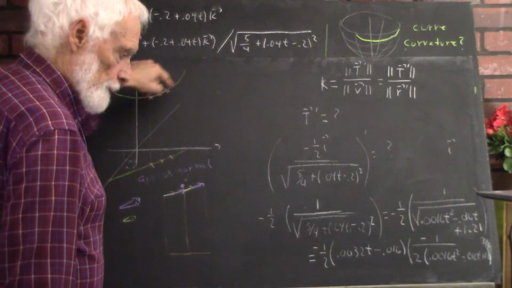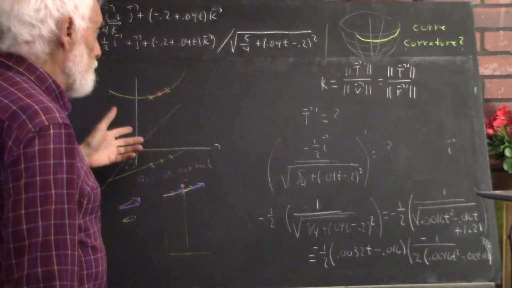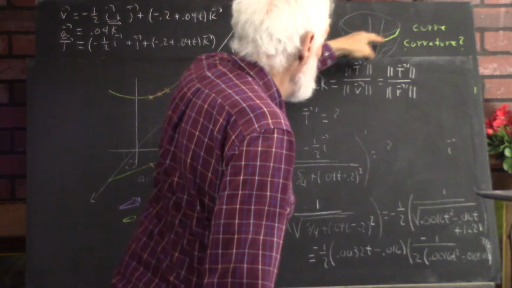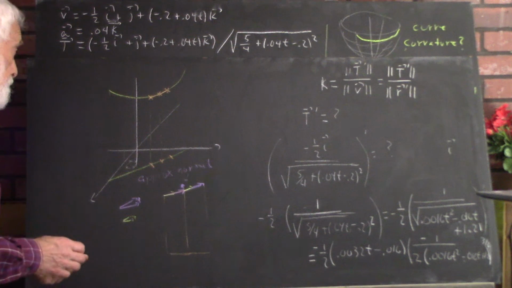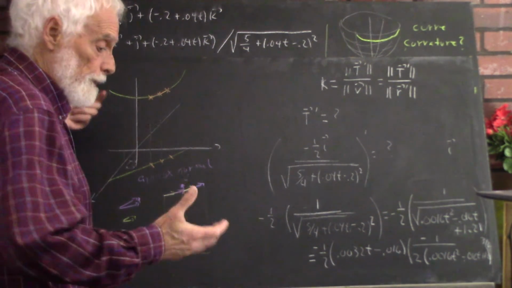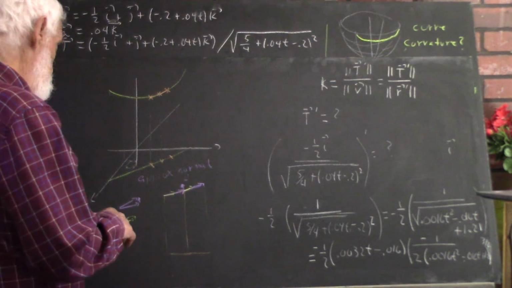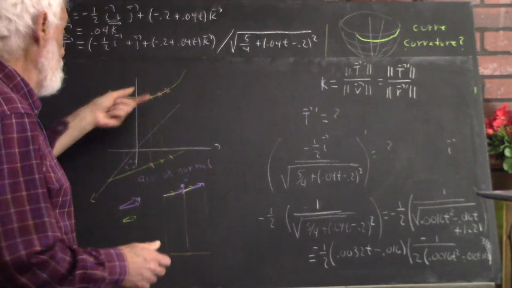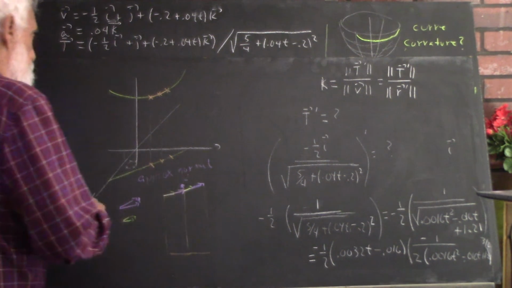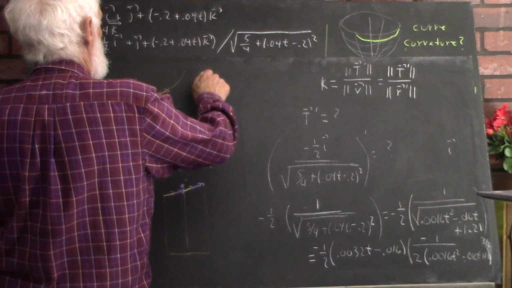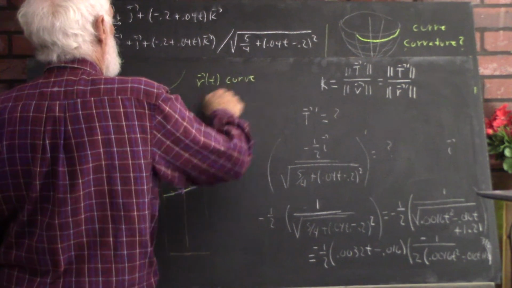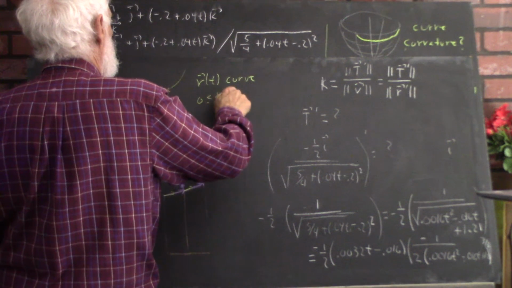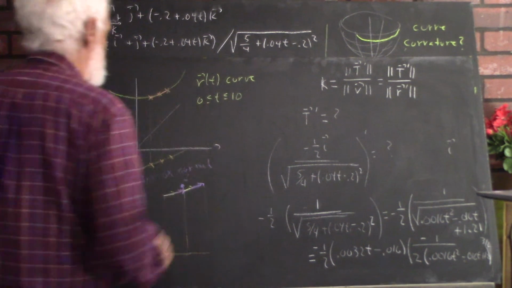You've got this curve here, okay? This curve in space corresponds to the path of the r of t vector. And that curve is nicely defined by the r of t curve. So here's your r of t, for 0 less than or equal to t less than or equal to 10.